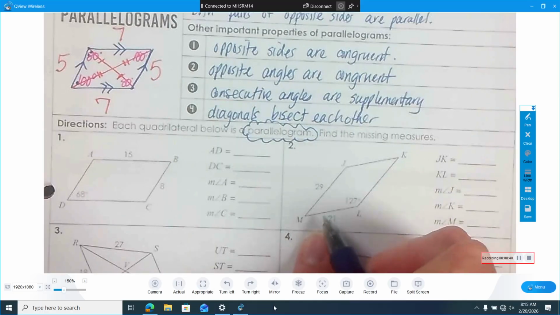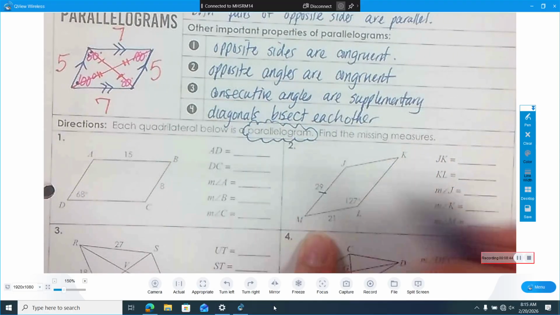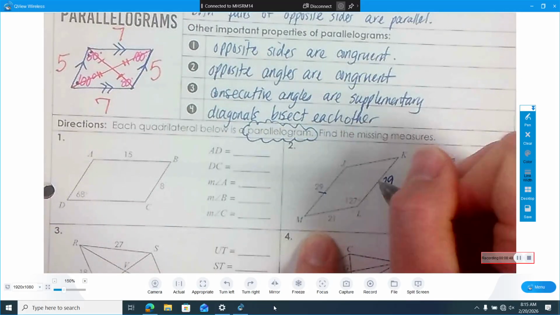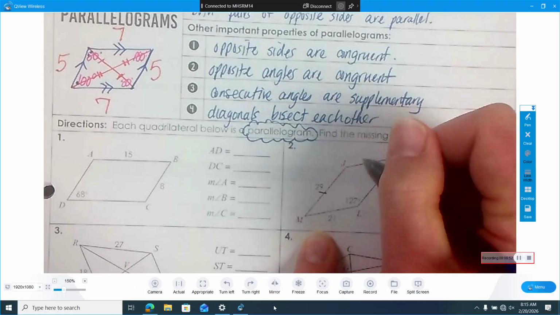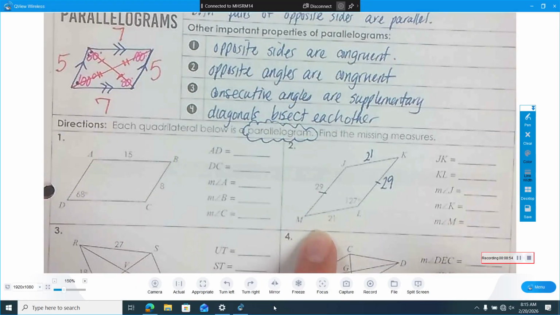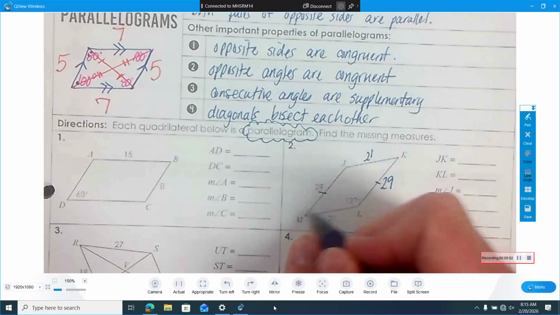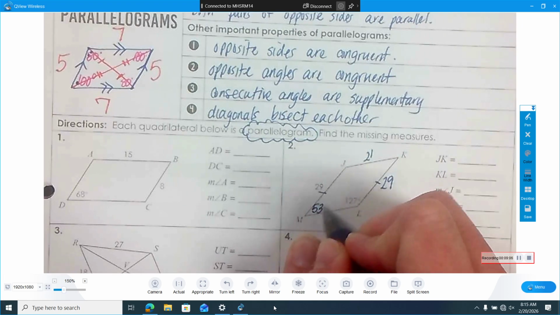So let's see. First, if I know that MJ is 29, what else do I know? KL is 29. Got another 29 over here. And 21 on the bottom, then we also have 21 on the top. Very good. All right. If I have 127 degrees at angle L, what else do I know? 53 degrees. Supplementary. Okay, so next door, we would be supplementary at 53 degrees.